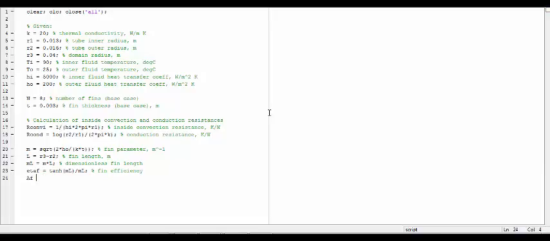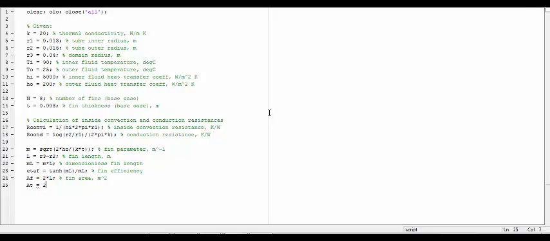The area associated with the fin is 2 times L, knowing that the width W is just a value of 1. Similarly, the total area, we can ignore the values of W, since they're just going to be 1.